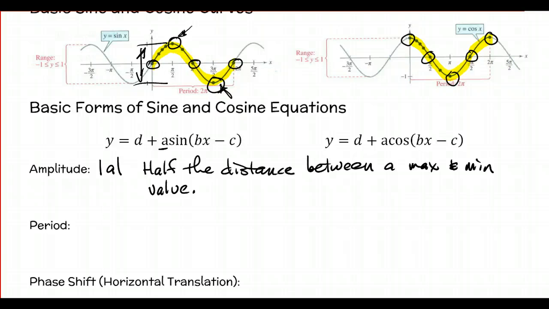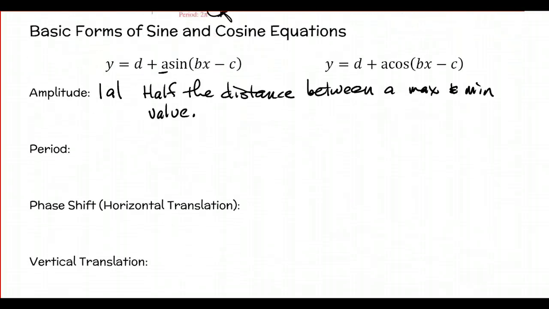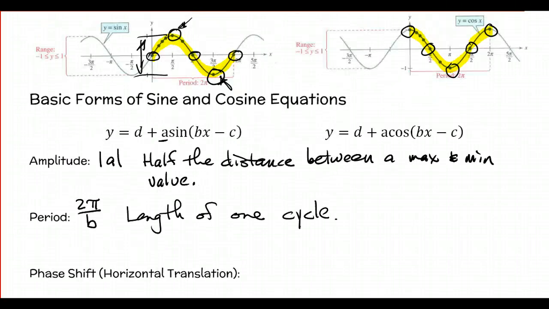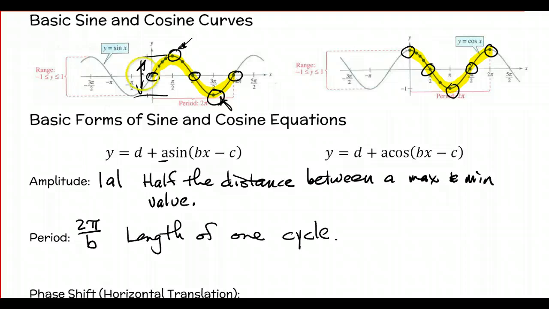So then moving on to the period. The period is calculated by taking 2 pi and dividing it by b. And this is the length of one cycle. Again, if we come back up here, we can see the yellow highlighted parts for sine and cosine are what one period looks like.